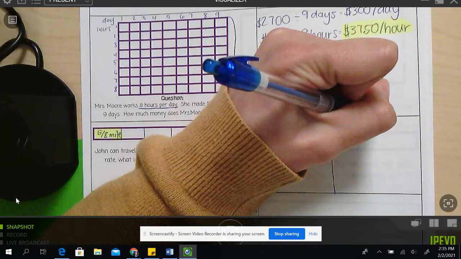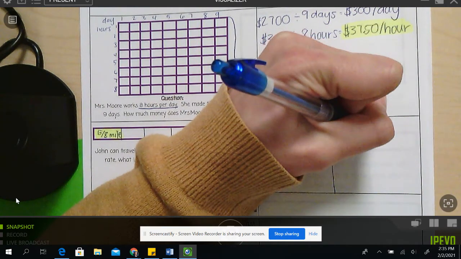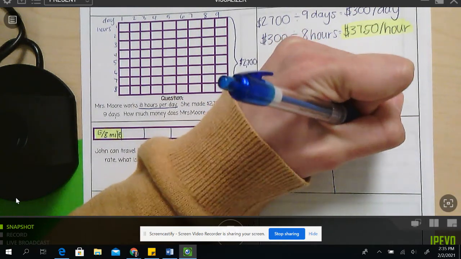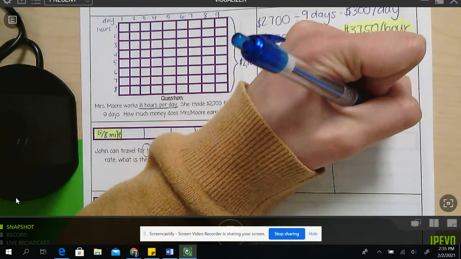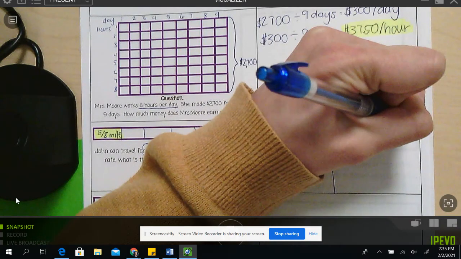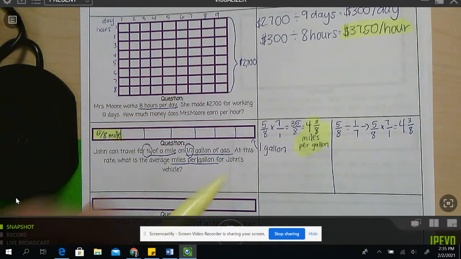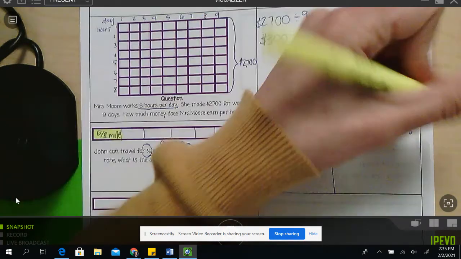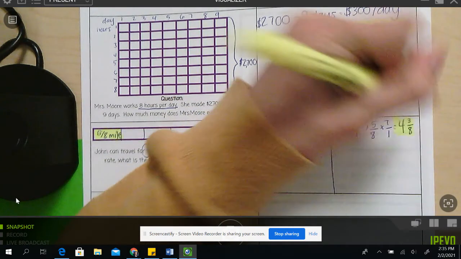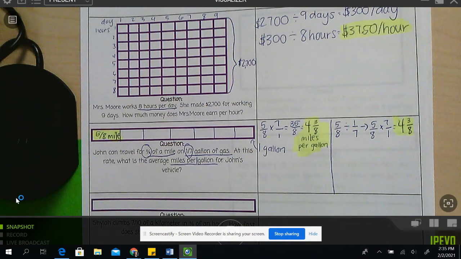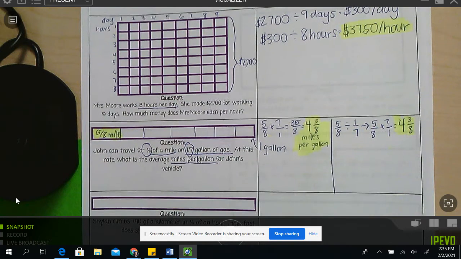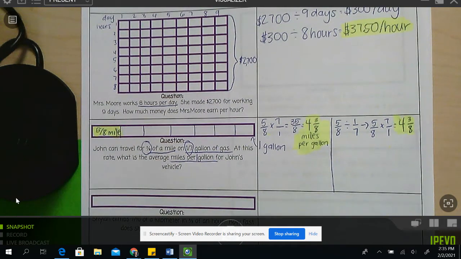So we would do 5/8 times 7 over 1, and we would still get 4 3/8. So that's going to be the same problem essentially. So remember, we can divide by what's given, or we can think about it a little bit more big picture and just multiply by what we know based on the picture. Take a moment to copy all of that.